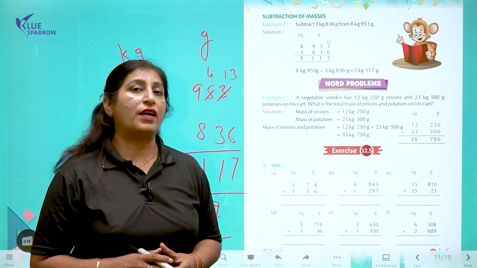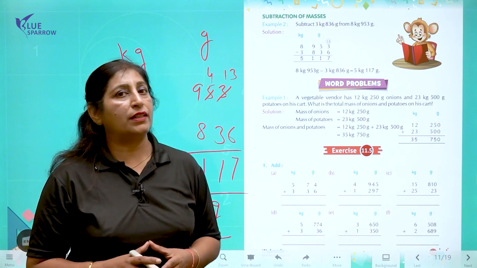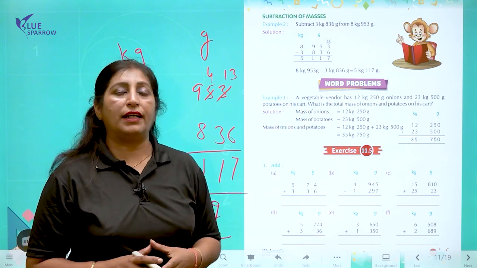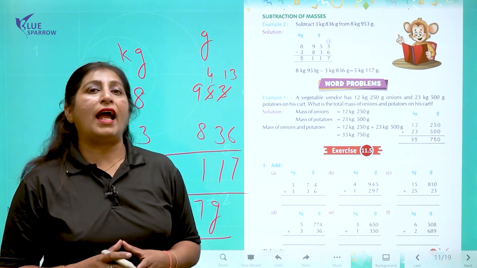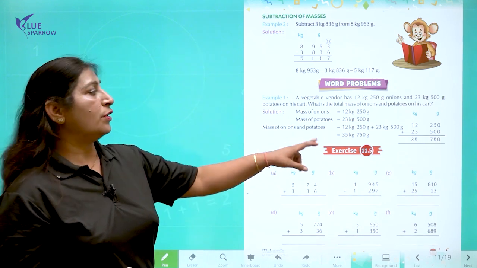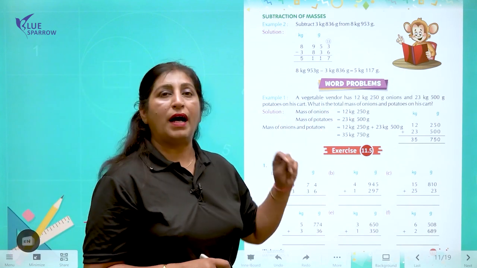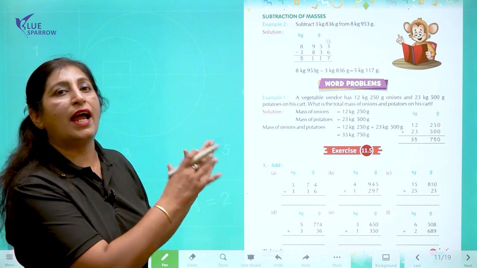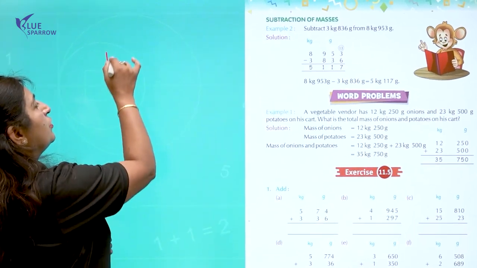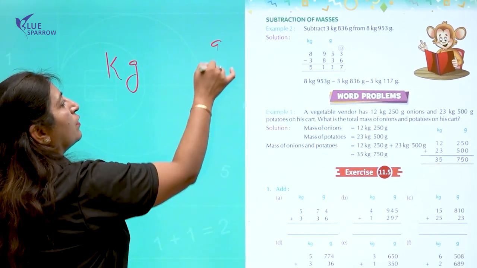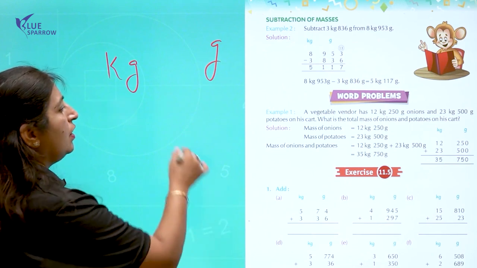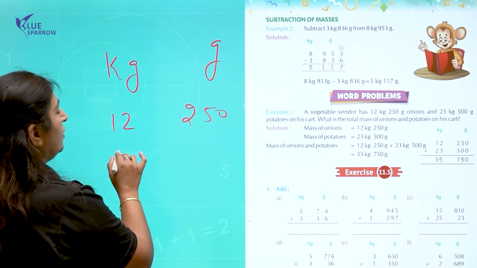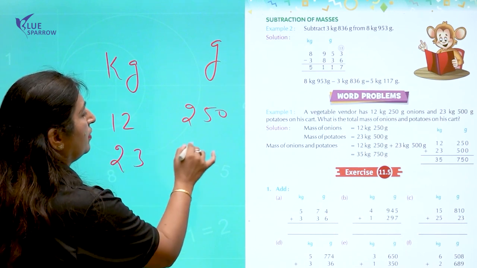Means you are asked to find the total mass, and to find the total mass in the cart of the vendor, you have to add the given masses. Firstly, we would write these masses in the proper columns of kilogram and gram, and these masses are 12 kilogram 250 gram and 23 kilogram 500 grams.